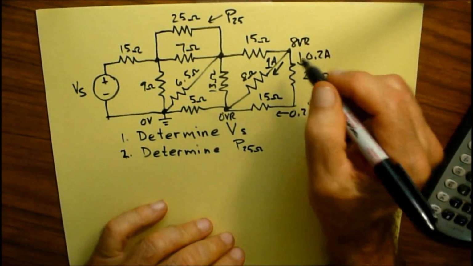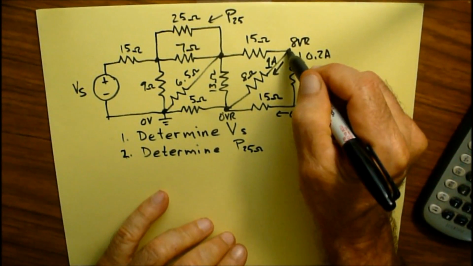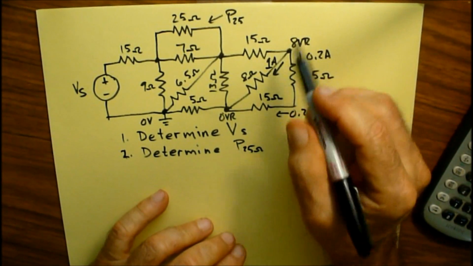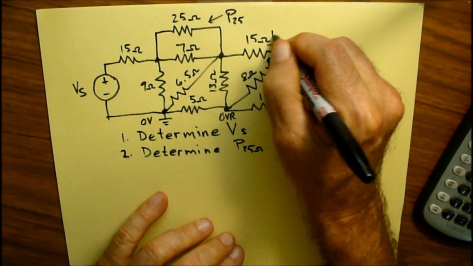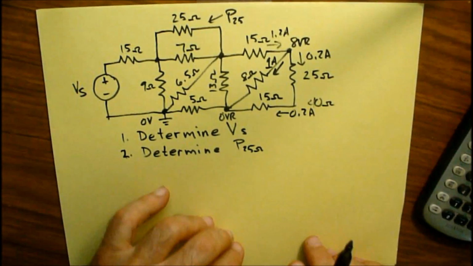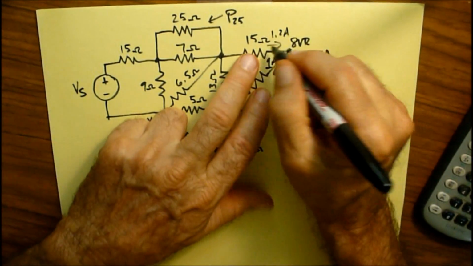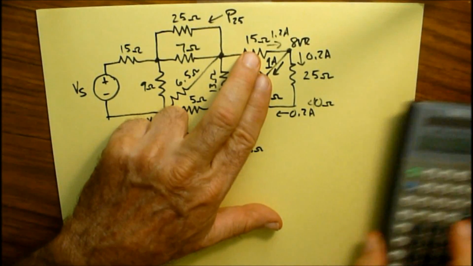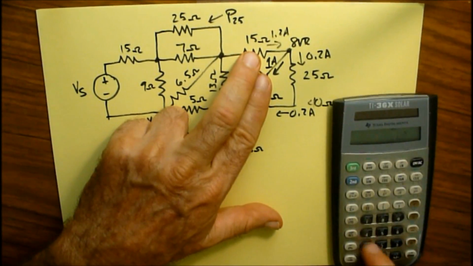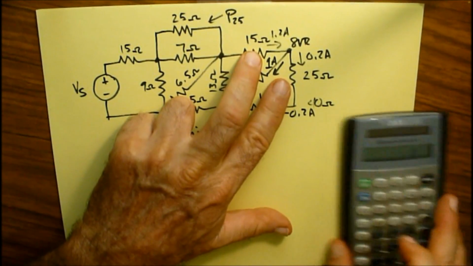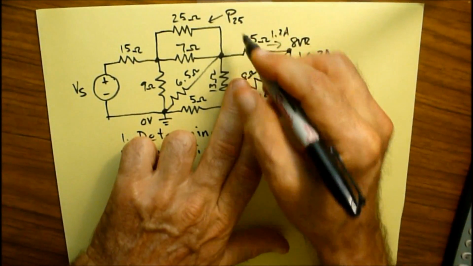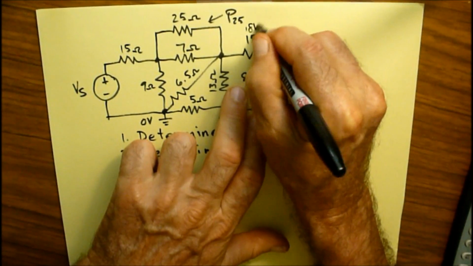Alright, so from here we can use KCL. We can figure out that I've got 2 currents coming out of this node right here that are 1.2 amps. So that means I need 1.2 amperes going in. Well, the 1.2 amperes going in times 15 ohms says that I have 18 volts going across this guy right here.